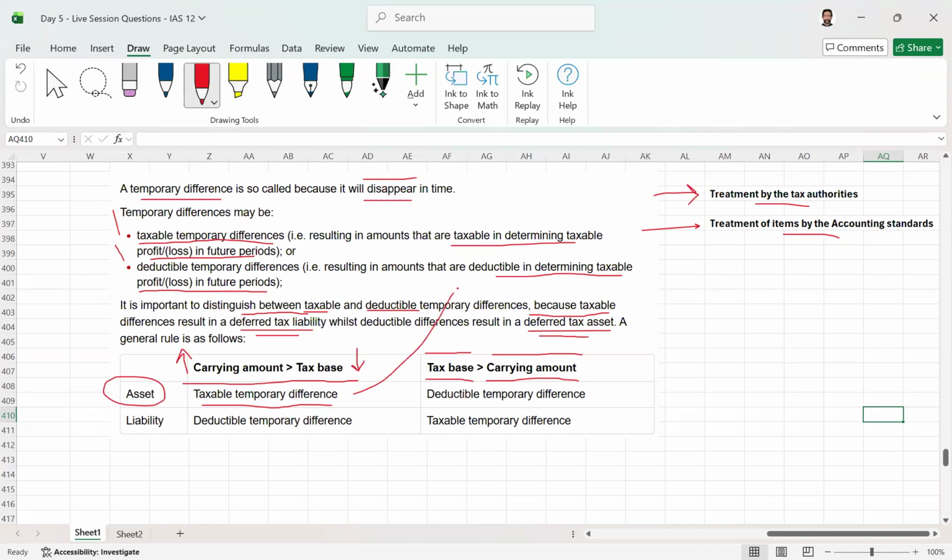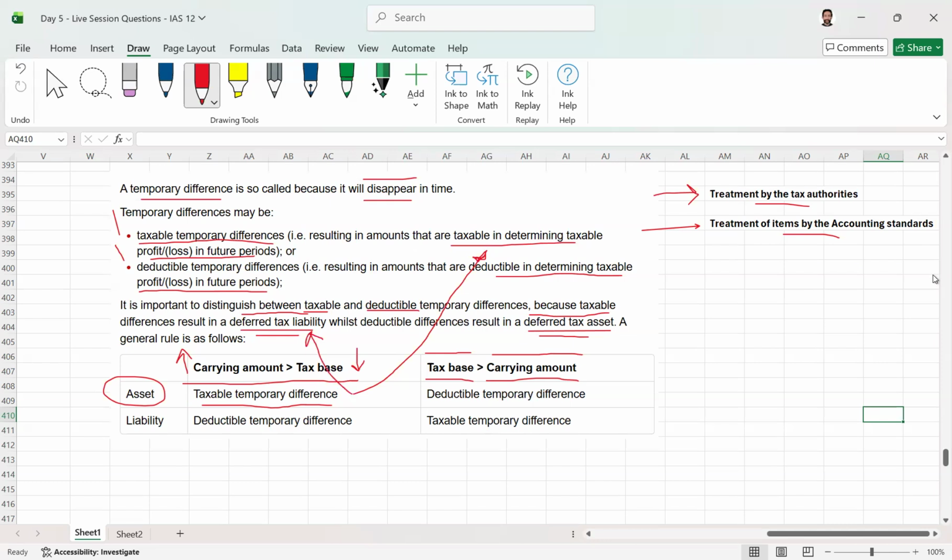Here we see taxable in future periods. If it is taxable in future periods, then what does it mean? That this leads to a deferred tax liability, which I also mentioned here and related here. This is the case whenever there is a taxable temporary difference. Taxable temporary differences result in a deferred tax liability since the taxable amount will be in future periods.